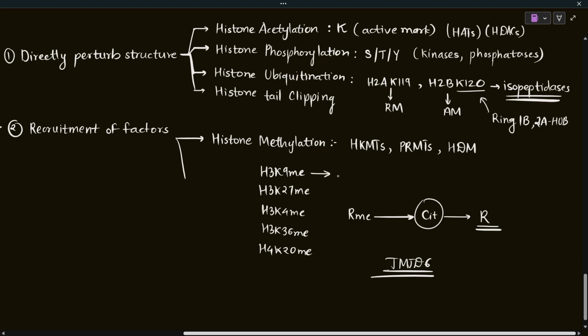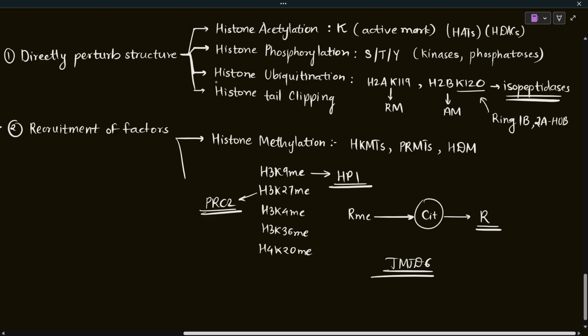The H3K9 methylation, which is a hallmark of heterochromatin, provides a docking site for HP1, heterochromatin protein 1. The H3K27 methylation with the PRC2 complex results in gene silencing. So this is how all of those different methylation marks recruit certain factors which result in chromatin architecture change.